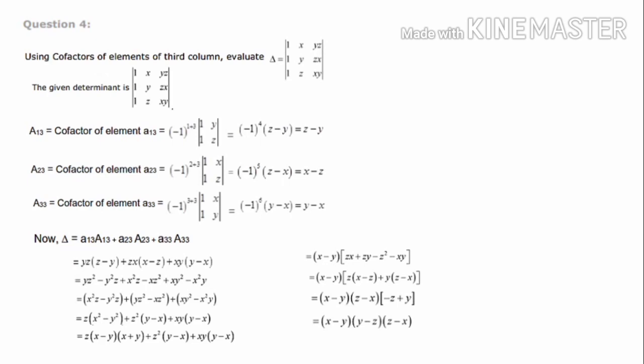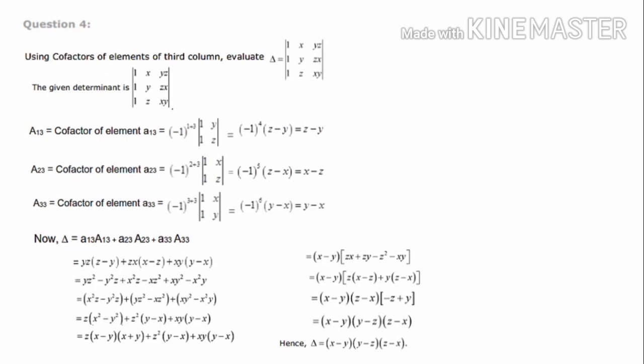Just to rearrange it, that is x minus y into y minus z into z minus x. So x minus y as it is. Here z minus x is written here, and this minus z plus y we are writing as y minus z, just arranging it in order. So that is the answer.